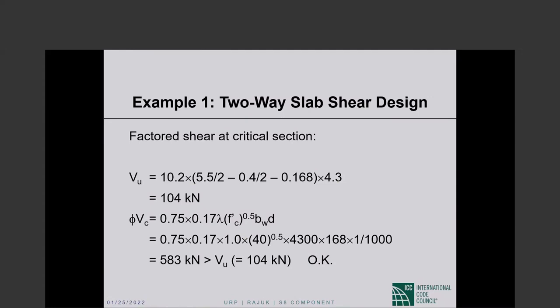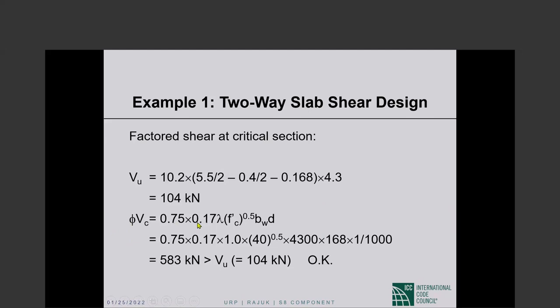Okay. How much can concrete carry? One-way shear strength is 2 square root of f sub c prime. Very simple. So phi is 0.75.